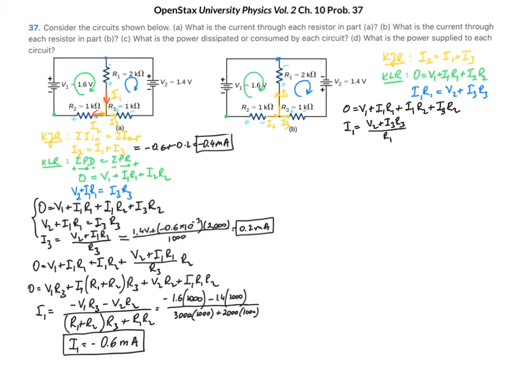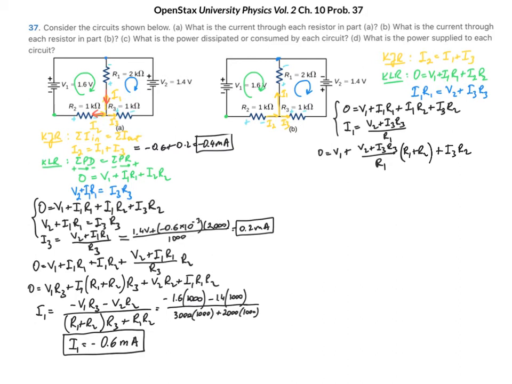So then I have 0 equals V1 plus. Now I1 is V2 plus I3 R3 divided by R1. And if I factor out I1 here, then I have to multiply this I1 by R1 plus R2. So R1 plus R2 plus I3 R2.